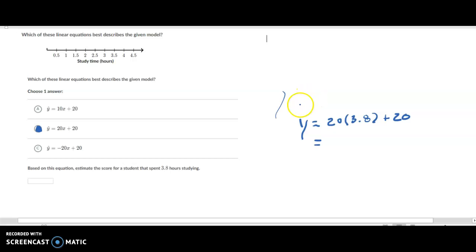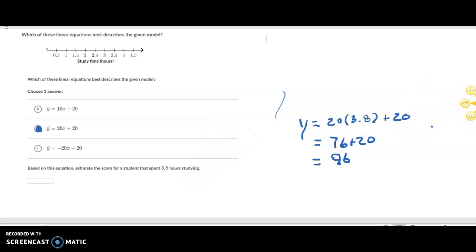So we would have down here, where did my marker go? Okay, 76 plus 20. So we would say that if you spend 3.8 hours of studying, you can expect a score of 96 based on the formula.